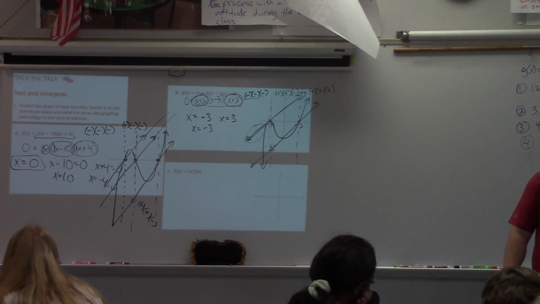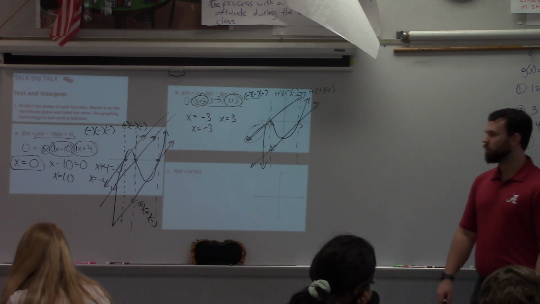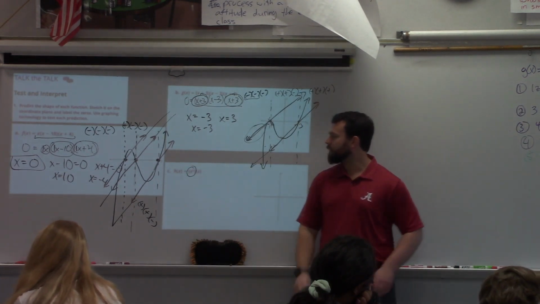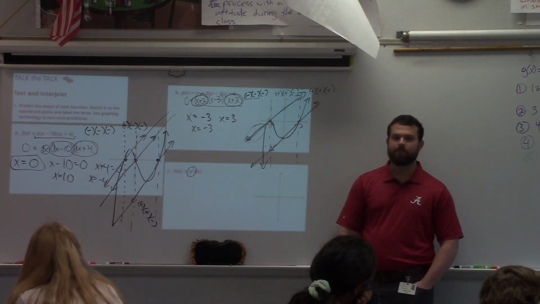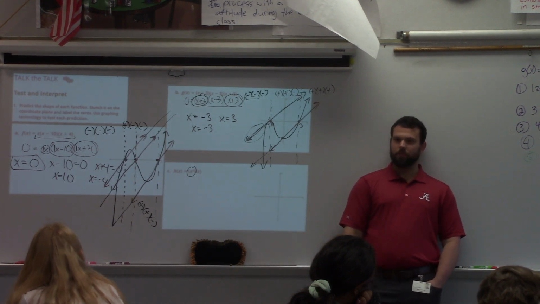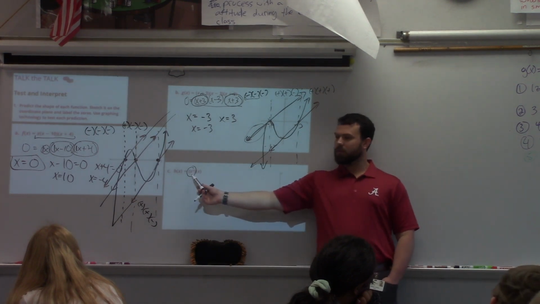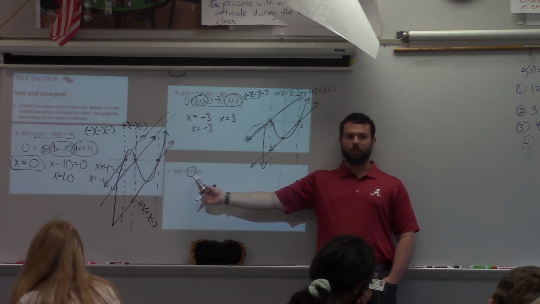Now, this is another part where it gets a little tricky. H of x. What should this look like? What type of function would I have here? That first piece. That's a what? Not an imaginary, just type of function. Quadratic. There we go, quadratic.